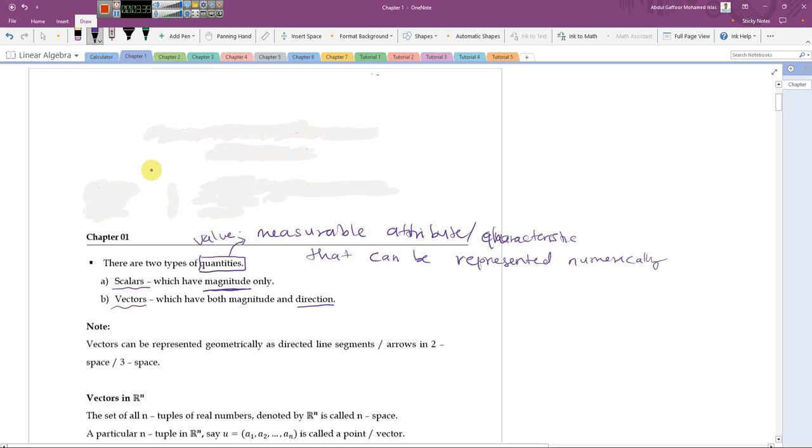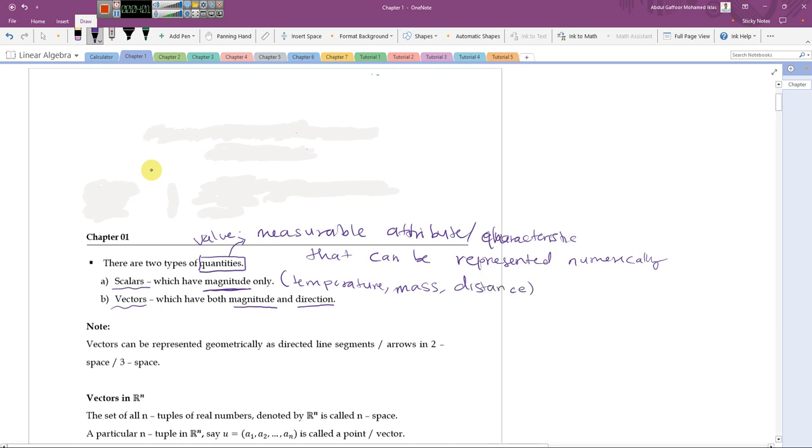We have already studied some examples for scalar quantities, for example temperature, mass, and distance. These are some examples for scalar quantities.